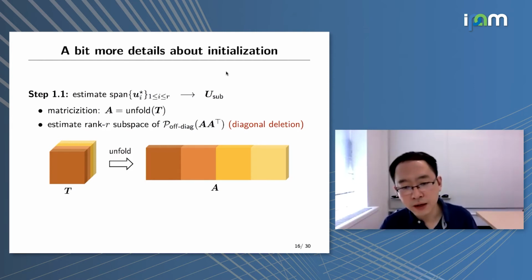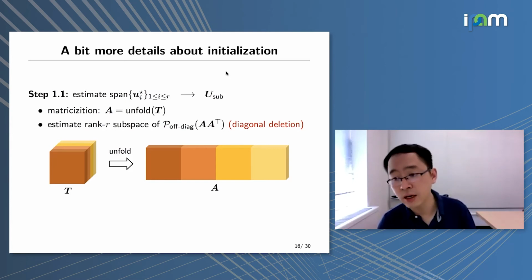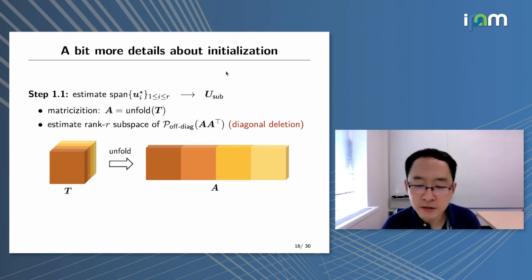But I would like to argue that this is still very different from just destroying the tensor structure, because after we do the matricization, the only thing that we want to do now is to estimate the column space of A. Even though we won't be able to recover the entire matrix A using this method, we still probably have enough samples to estimate just the column space of it, which is a much lower dimensional object compared to the entire matrix A.